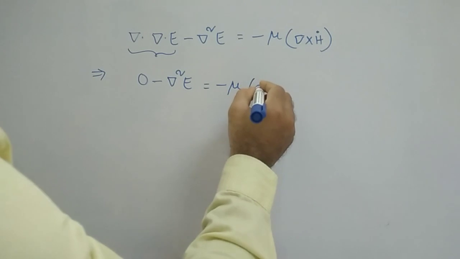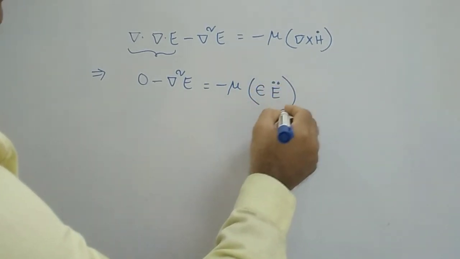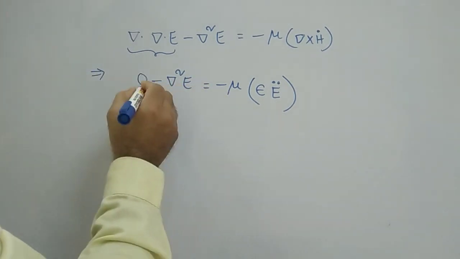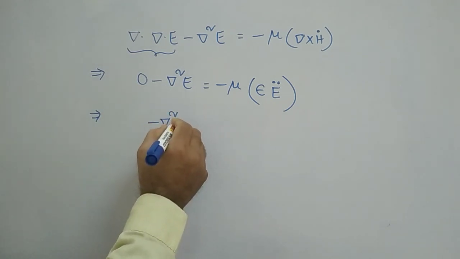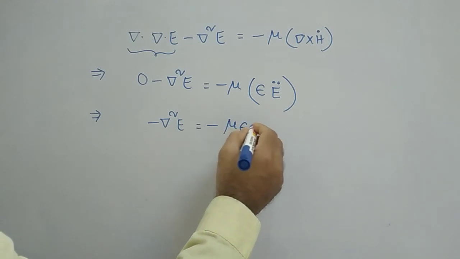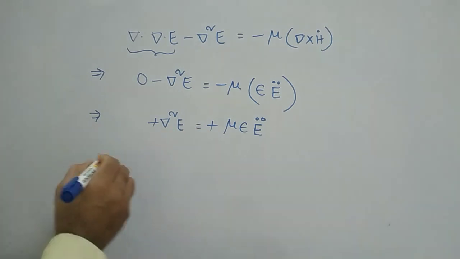Then how can this be written? It is epsilon E double dot, as I explained here. Therefore, on both sides, minus del square E is equal to minus mu epsilon E double dot. Clear? On both sides there is a minus, so minus minus will cancel out.